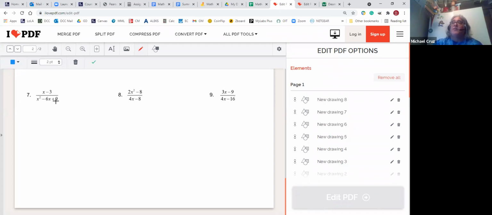Now, negative 3 goes into 9, negative 3 times, and negative 3 gives you negative 6. So that denominator is actually x minus 3 times x minus 3.